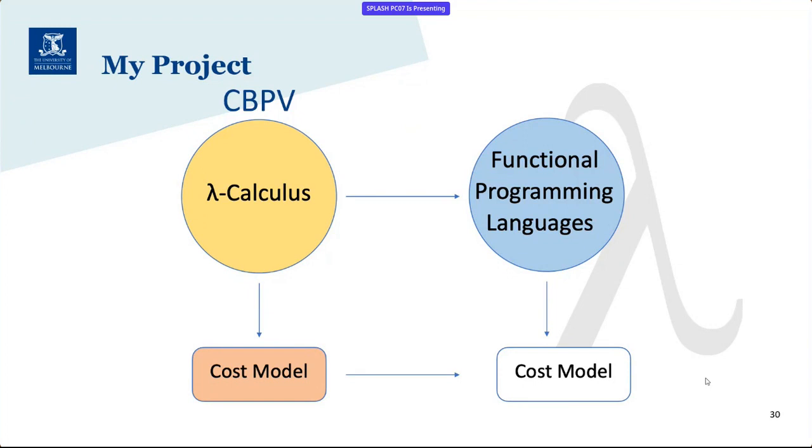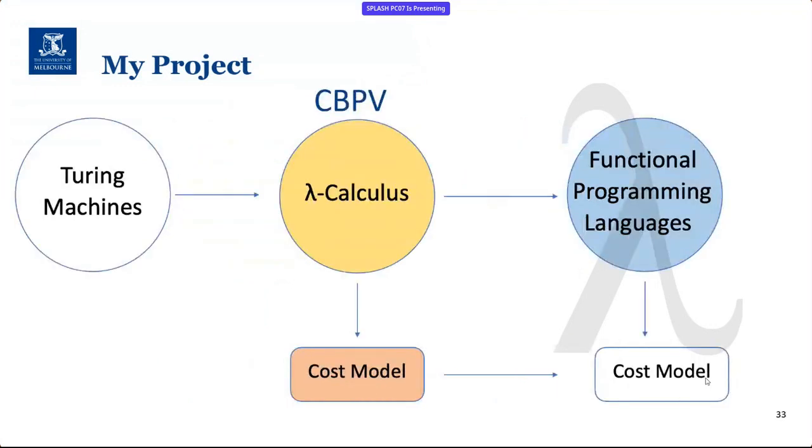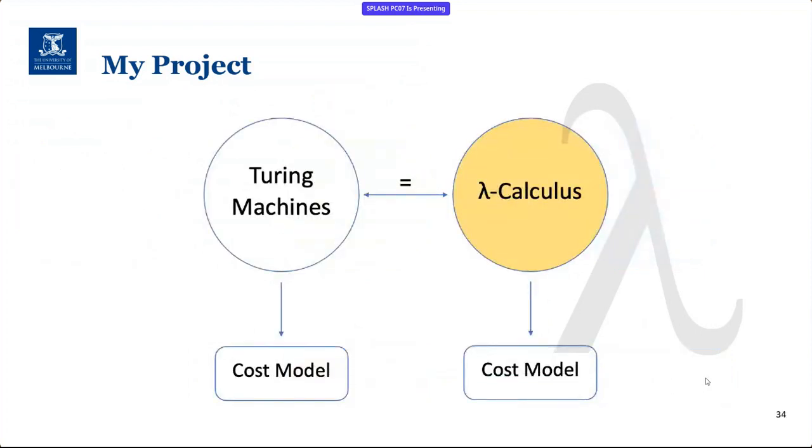But how am I getting there? How am I going to get to my cost model, and how do I know if my cost model is correct? That's why we need to bring in Turing machines. As we all know, hopefully, Turing machines are another model of computation which is equivalent to Lambda-calculus. And there's a notion called reasonable.